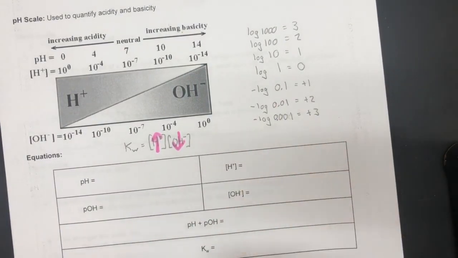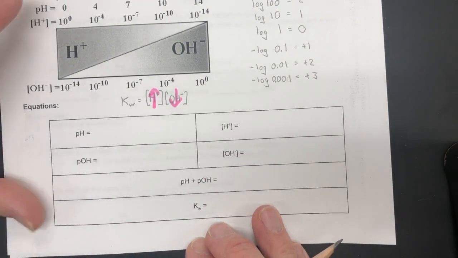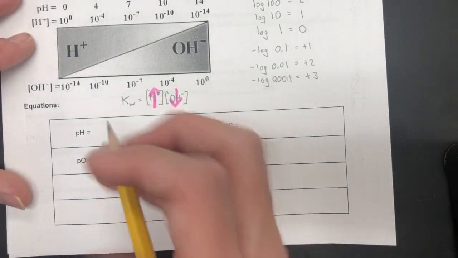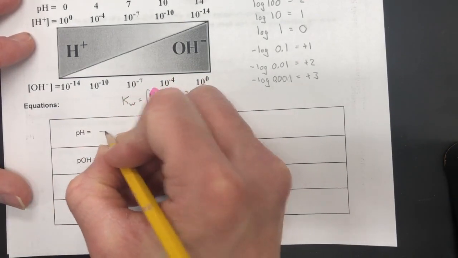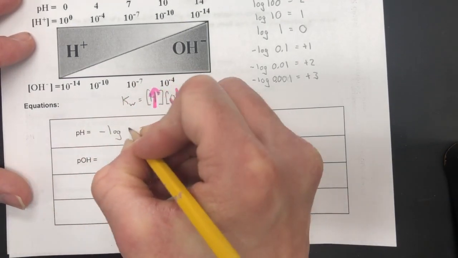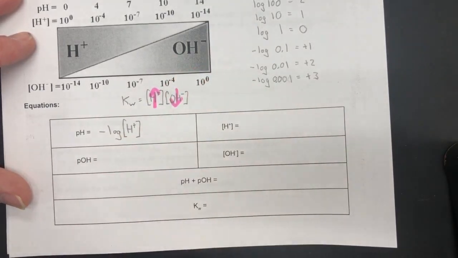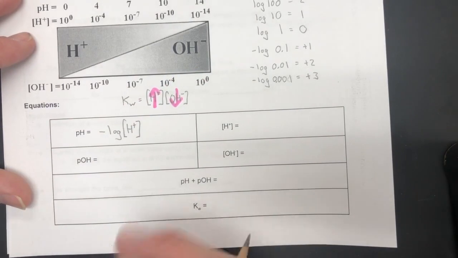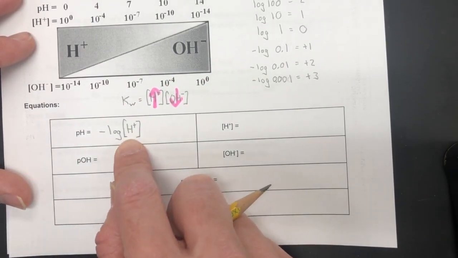We do have a couple of equations that you need to get down, and you should probably just put these equations to memory. So the pH equation is negative log of the hydrogen ion concentration. And also keep in mind that we can interchange this with hydronium ion concentration.